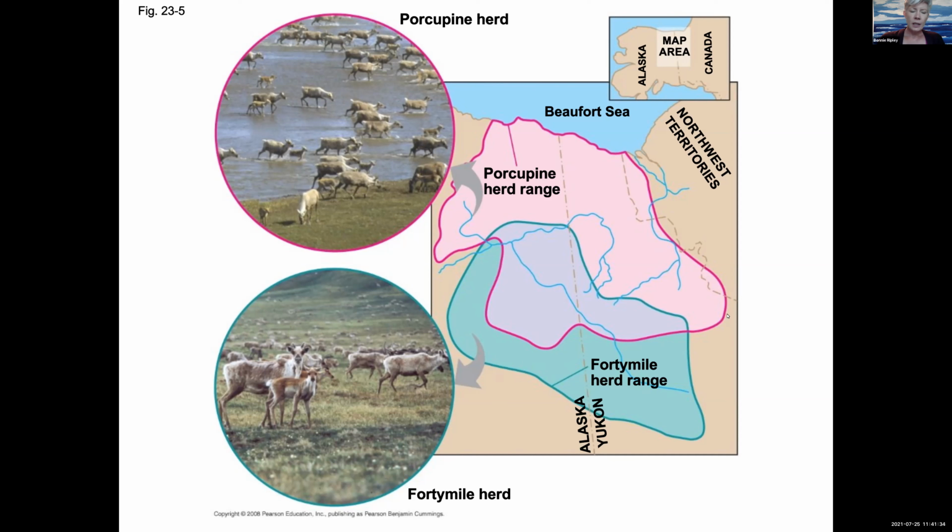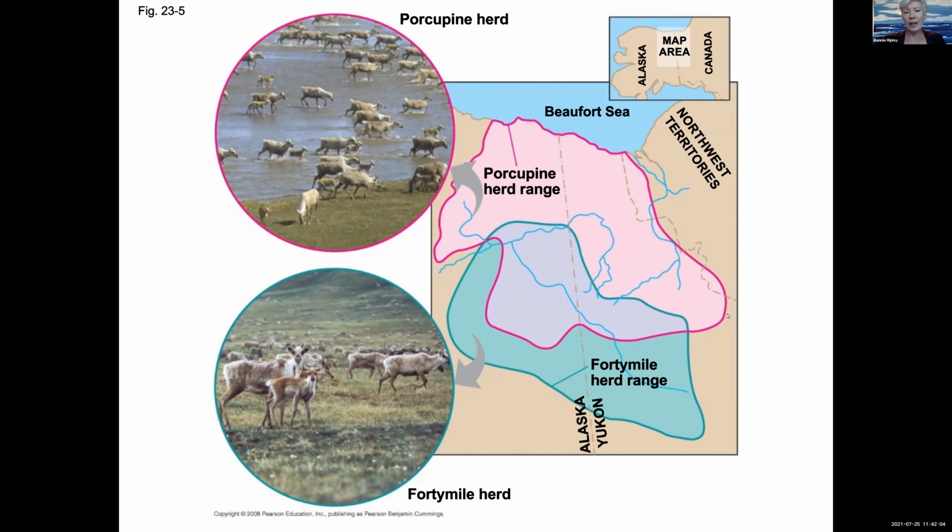A species, on the other hand, and I don't have a figure to show this, but a species we're going to define, and we're going to use in this class the biological species definition. Right? So there's different ways that we can define species. The best way is to go out in nature and look and see how organisms choose themselves to stay in a species or separate themselves from other individuals.